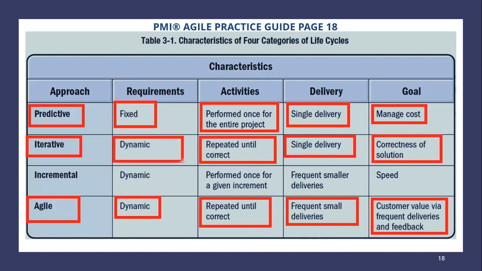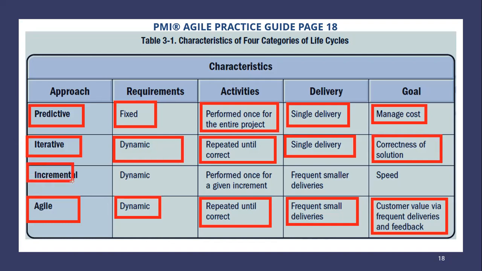In the world of iterative, our requirements can change. They are dynamic. And when the requirements change, the deliverable that you initially thought was going to be a particular way, it could change. That's all right. It's iterative. Remember, our goal is the correctness. We want that solution to be what is fit for use and conforming to the requirements we're given. And those requirements are dynamic.